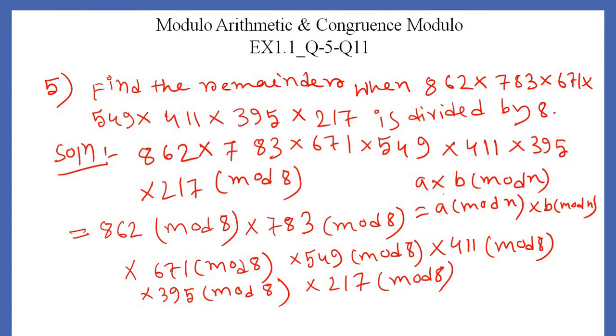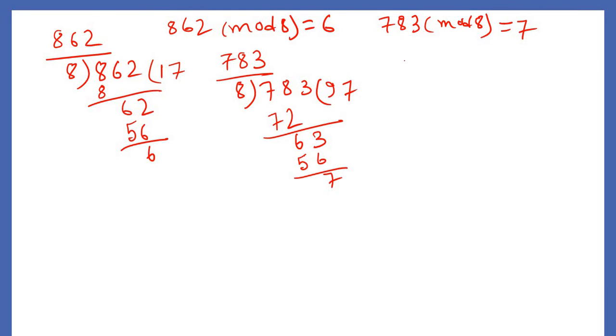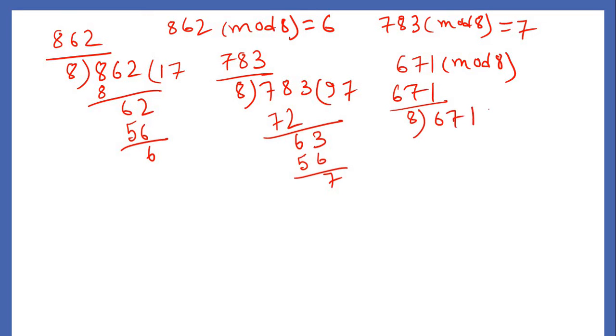What is the next term? The next term is 671 mod 8. So let us divide 671 by 8 and find the remainder. 8 into 8, 64, that leaves 31. 8 into 3, 24, and 31 minus 24 is 7.